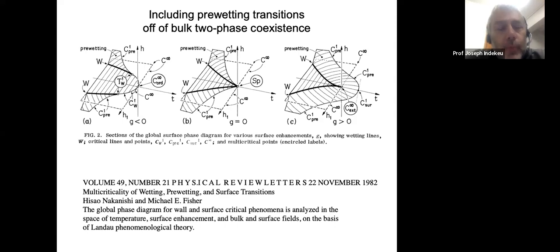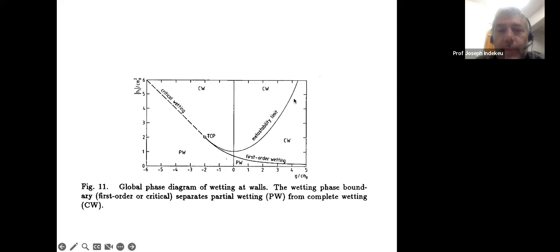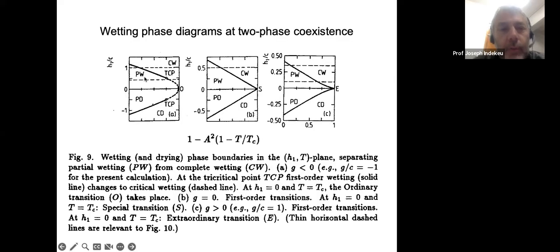So you will recognize in these surface phase diagrams the sections corresponding to zero bulk fields, and those are the sections in these rectangles, and those correspond to the phase diagrams I've shown here, as you will recognize.